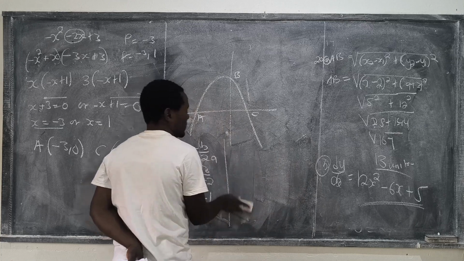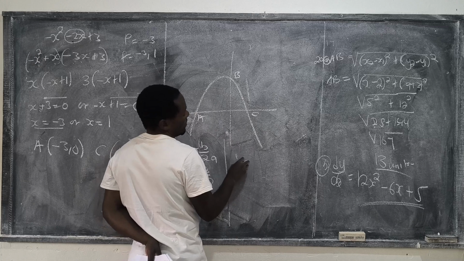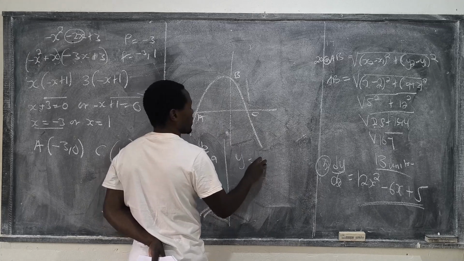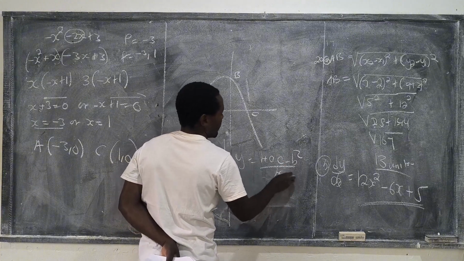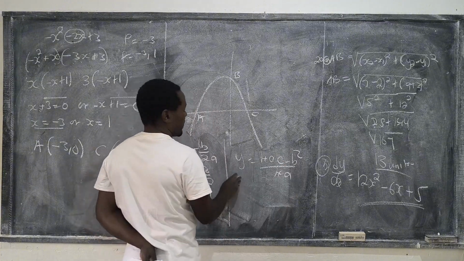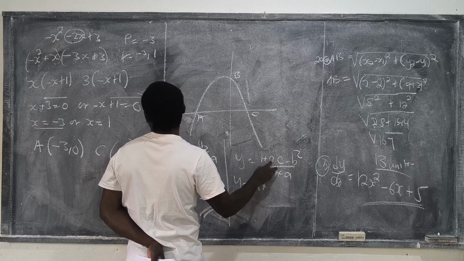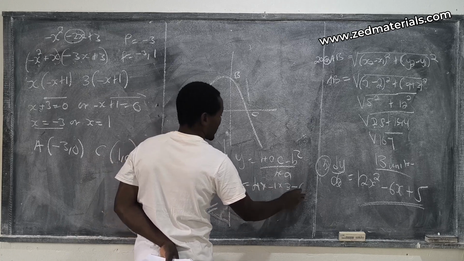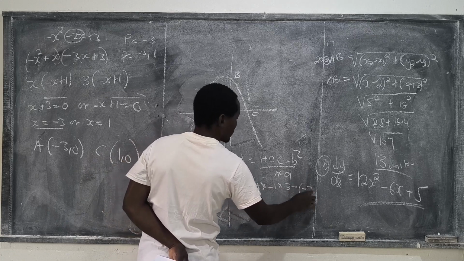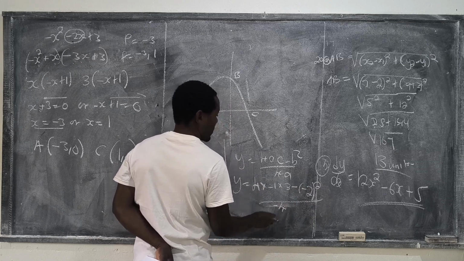Okay, so let's use the formula here, which is y is equal to 4ac minus b squared over 4a. Okay, so we're going to have y is equal to 4 multiplied by my a there, which is negative 1, multiplied by my c, which is 3, minus open bracket my b is negative 2 close to the power 2, over 4 multiplied by negative 1, which is negative 4.